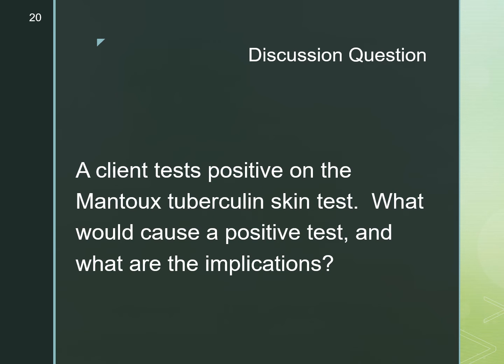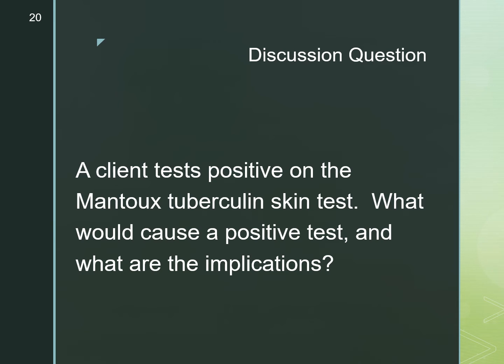A client tests positive on a Mantoux tuberculin skin test. What would cause a positive test and what are the implications? Well, we know that testing positive on the Mantoux indicates that there is a need for further evaluation of the client, but it does not necessarily mean that the client has active tuberculosis.